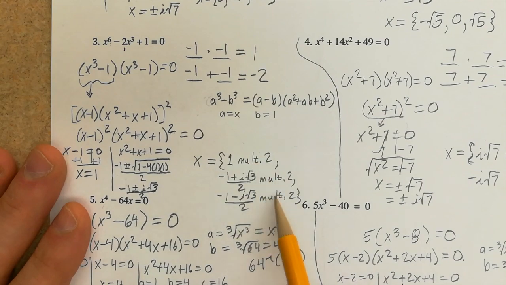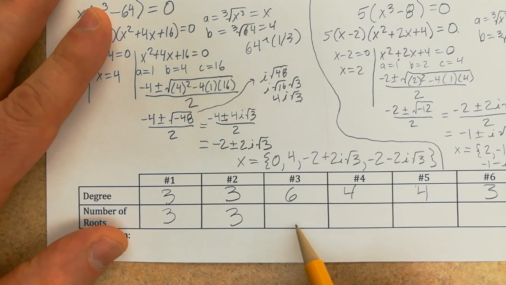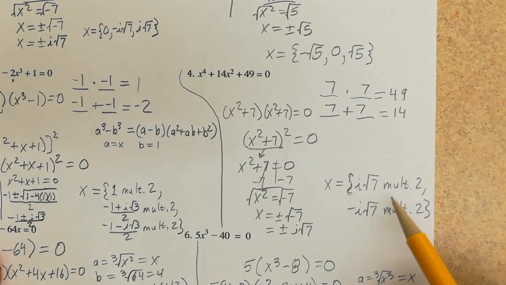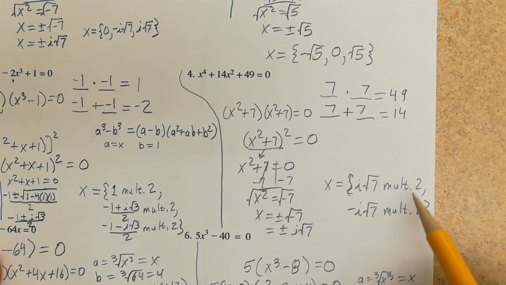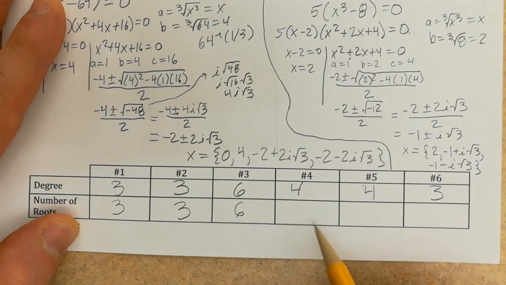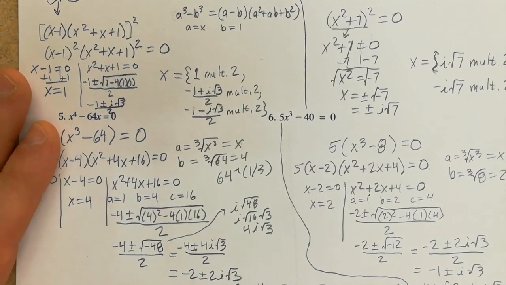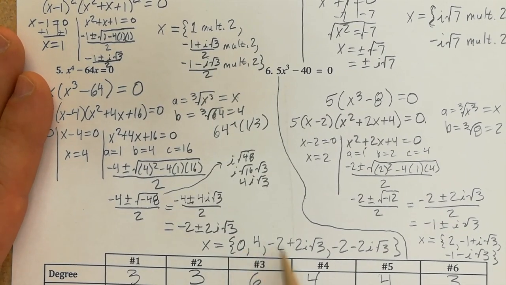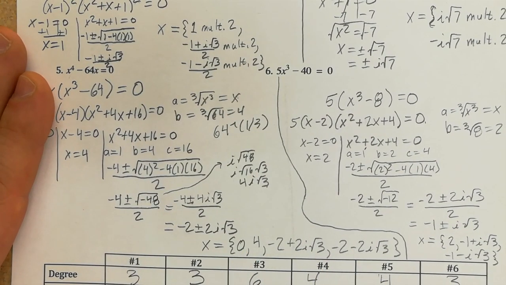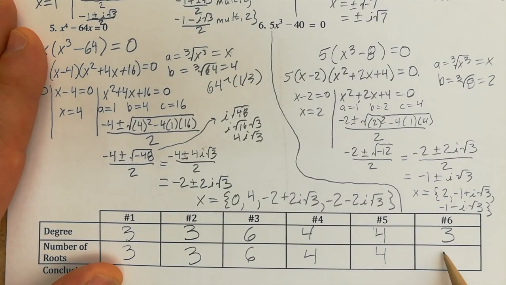So 2, 4, 6, right? And once again, we count the ones with multiplicity 2 twice. So 2, 4. And then in number 5, we have 1, 2, 3, 4. And then number 6, 1, 2, 3.